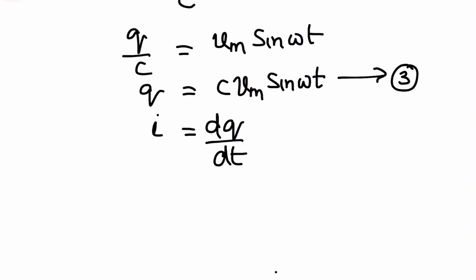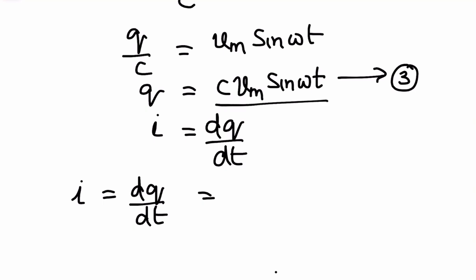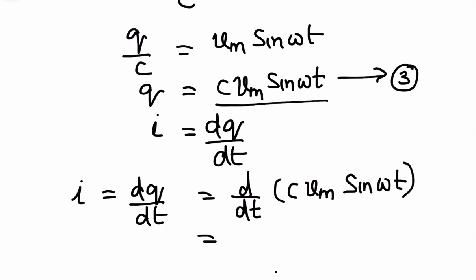You will get current I is equal to dq divided by dt, where Q is C Vm sine omega t from equation 3. So you can write d by dt of C Vm sine omega t. C is a constant which you cannot differentiate, take it out. Vm is also a constant, take it out. C Vm d by dt of sine omega t. So you have to differentiate it now.